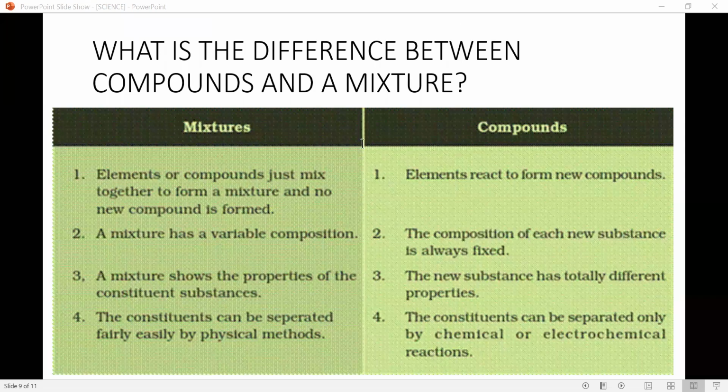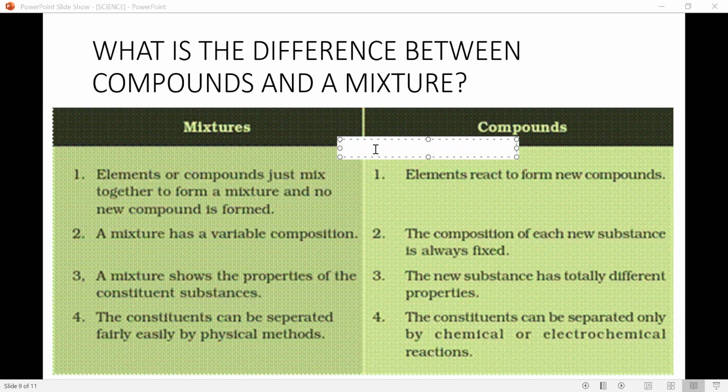Now let me write over here in the text. In mixtures, first we have learned that they just mix together, no new molecules are formed. And in compounds we have read that molecules are formed. Second thing, a mixture has a variable composition, that is in any ratio.